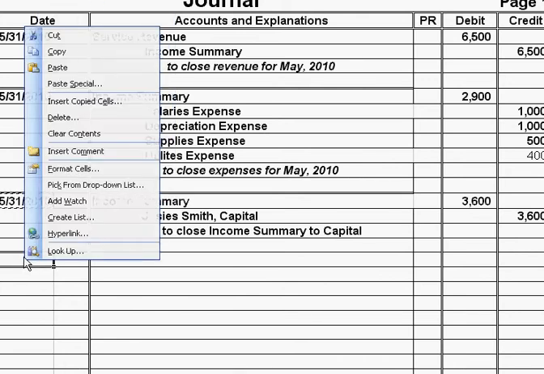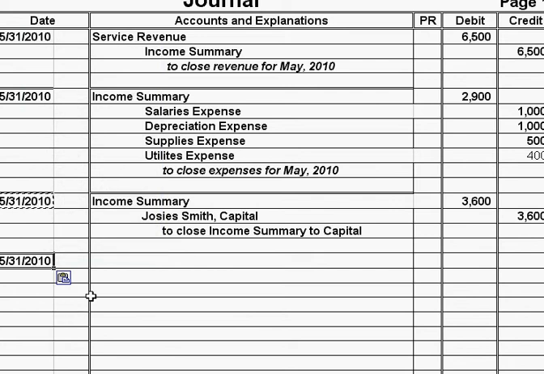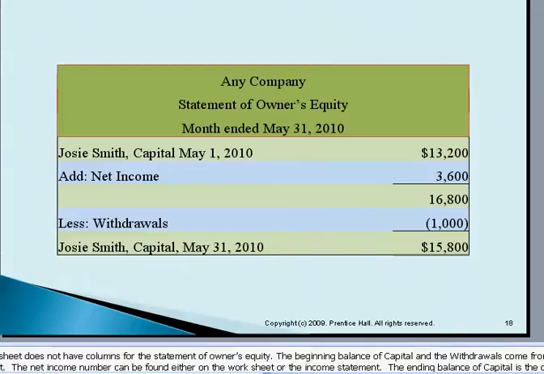And lastly, our fourth entry in the process is to close the withdrawal account to Josie Smith Capital. And I got a misspelling there. Sorry about that.